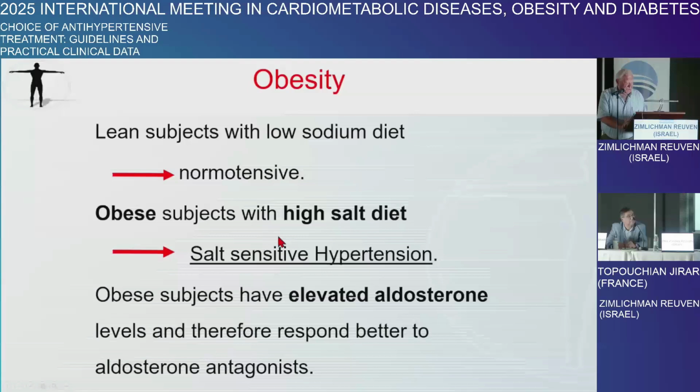What is important in obese subjects with a high salt diet is that there is salt-sensitive hypertension, and those are excellent patients for lowering dietary sodium, like the projects Bojan and Anna have been doing for the last years in Croatia. It is very important, and it should be considered. Obese subjects have elevated aldosterone levels and therefore respond better to aldosterone antagonists.